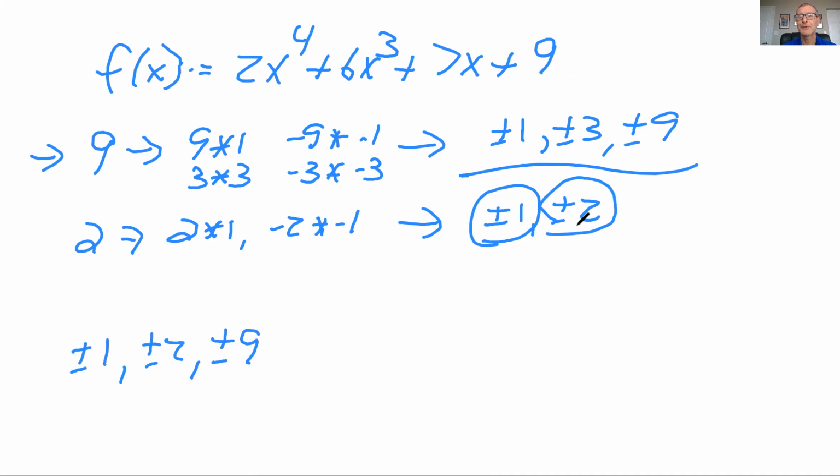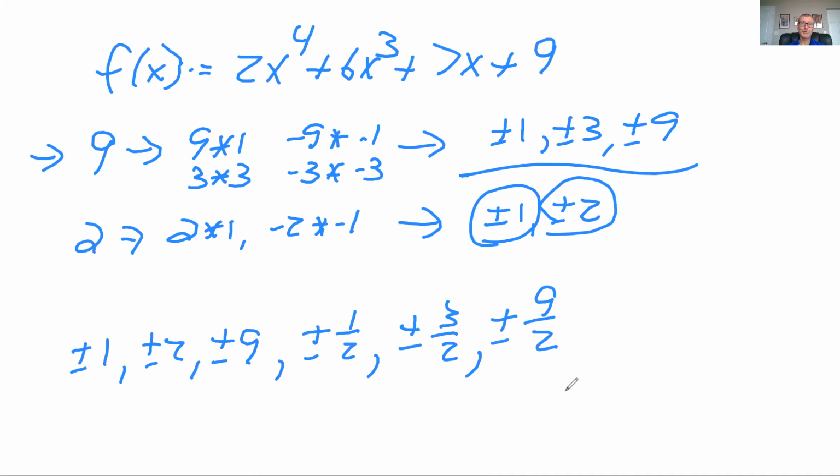So now we'll take 2 and divide it in and see what you get. So you get ±1 over 2, ±3 over 2, and ±9 over 2. And so now you see, excuse me, we have 12 different options to try.